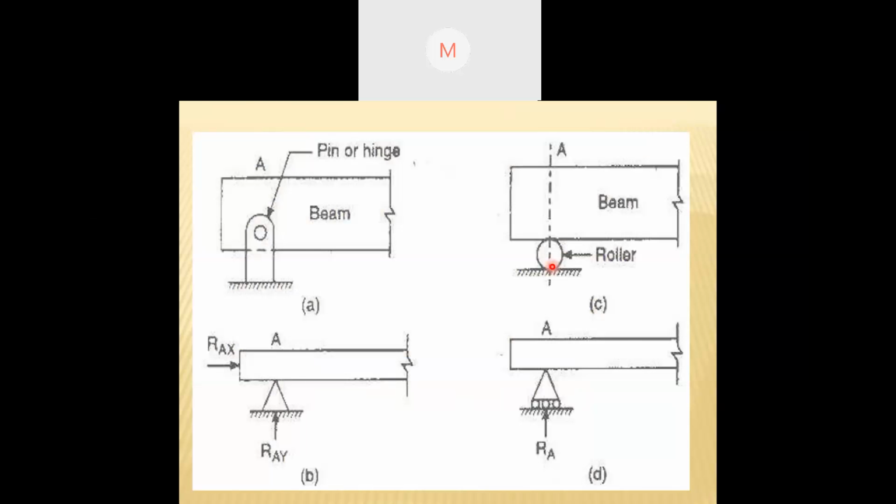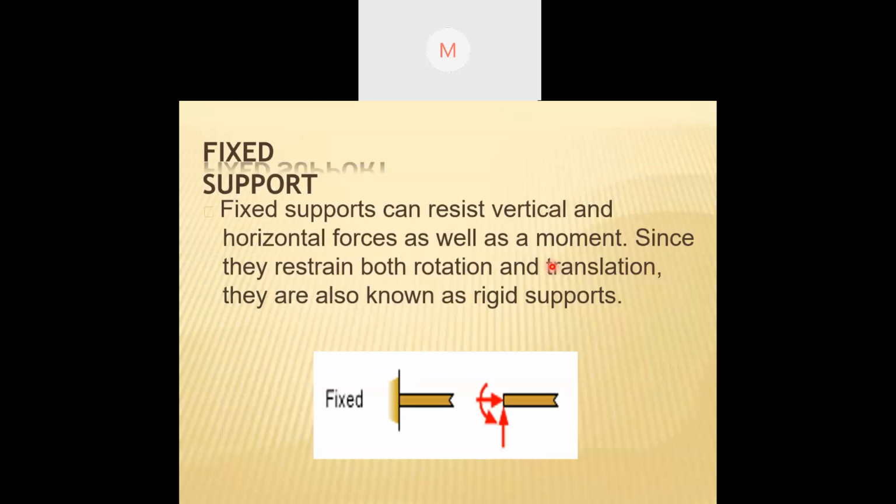Now there is the third one, which is called fixed support, right? So what is actually a fixed support? Suppose a structure or a beam is fixed in the support. You can see here, right?